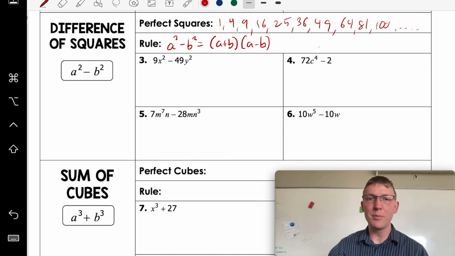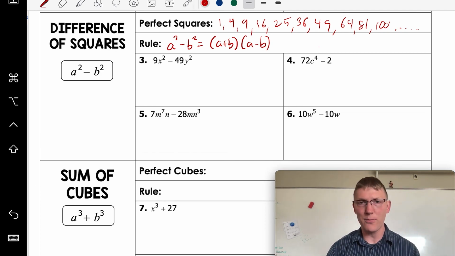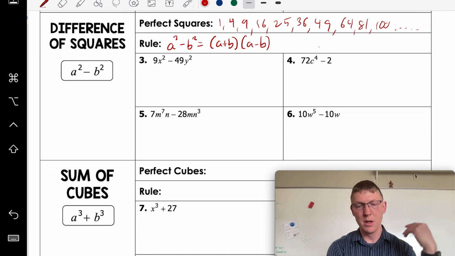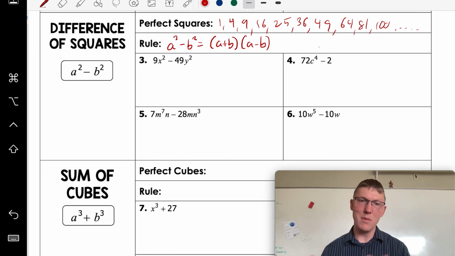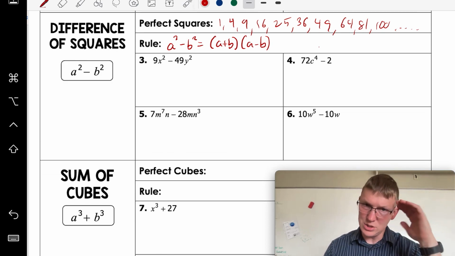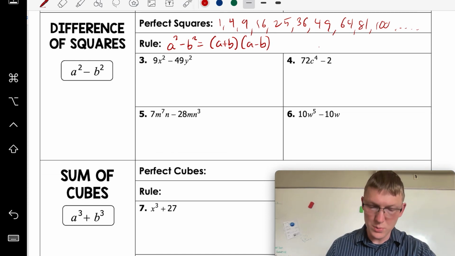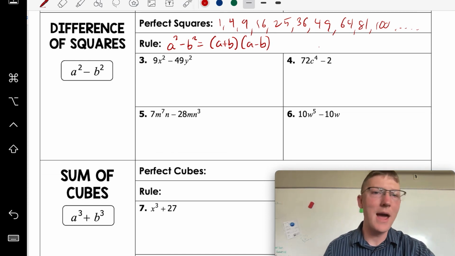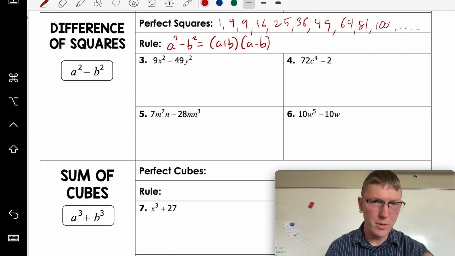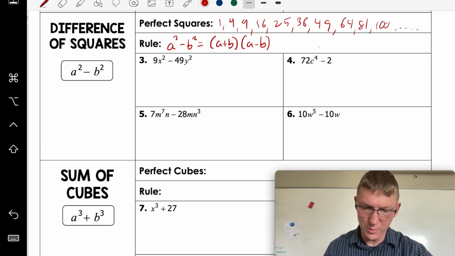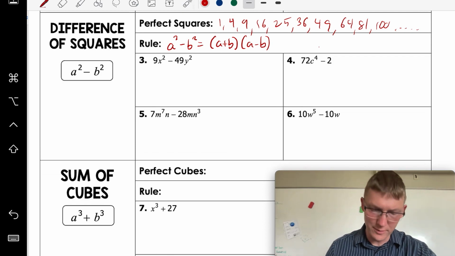So when we go through some examples, it can sometimes be helpful to rewrite the problem in that a squared minus b squared form. So I'll do that just to really lay out which ones are a and which ones are b. You don't have to do this middle part when you're doing your own problems, but for some, it helps.